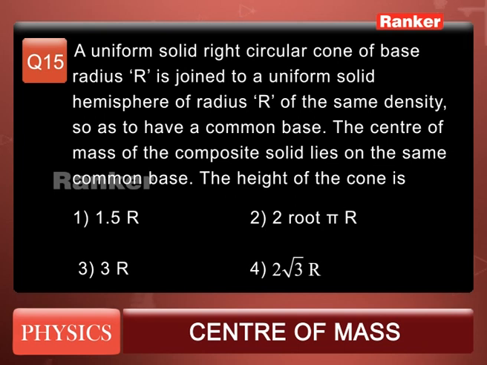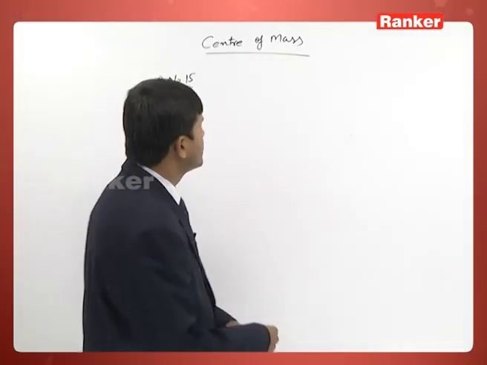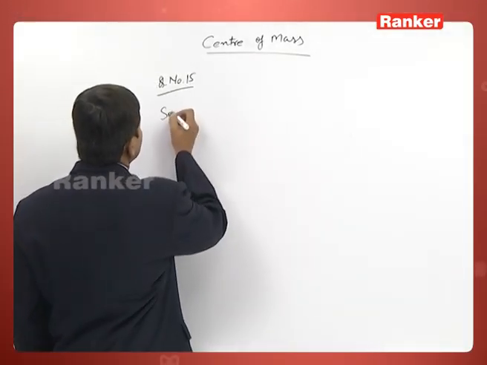The center of mass of the composite solid lies on the same common base. Then the height of the cone is. First option 1.5 r, second option root 3 r, third option 3 r, and the fourth option 2 root 3 r. So what is the meaning of this problem here?